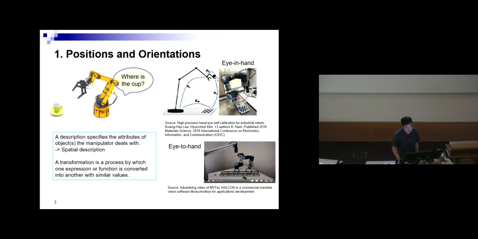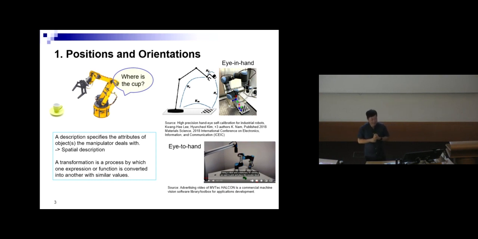So your camera will be able to see the cup. Then you can also have something called eye to hand, where the camera is at an external position, so it's not attached to the manipulator arm. Eye in hand and eye to hand both have their advantages and disadvantages.